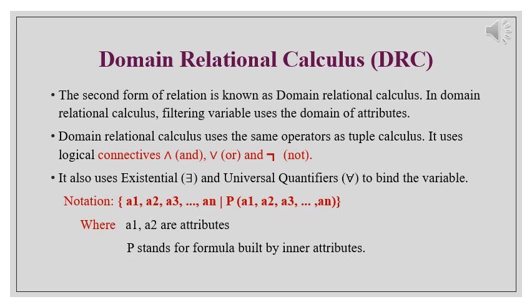These are the attributes, and P stands for the formula, which is a function of the attributes A1, A2, ..., An. So A1 and A2 are attributes and P stands for the formula built from these attributes.